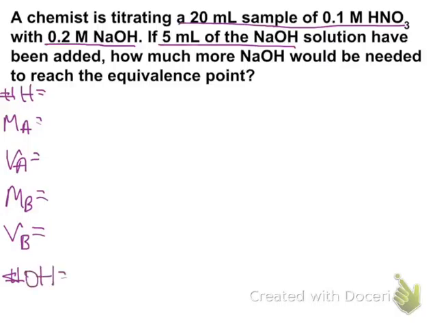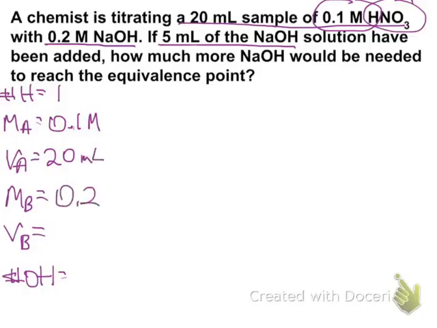So our acid in this case is HNO3, which has 1 H. The molarity of our acid is going to be 0.1 molar. The volume of our acid is 20 milliliters. The molarity of our base is 0.2 molar.